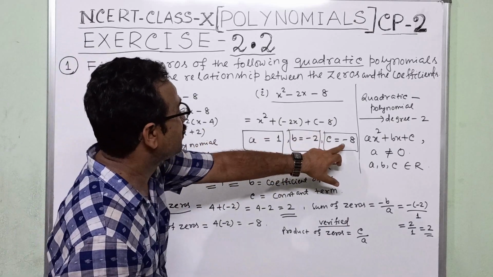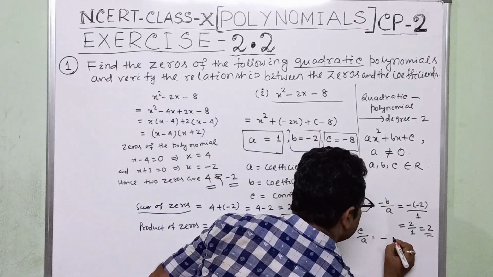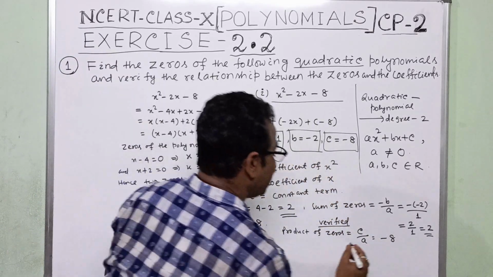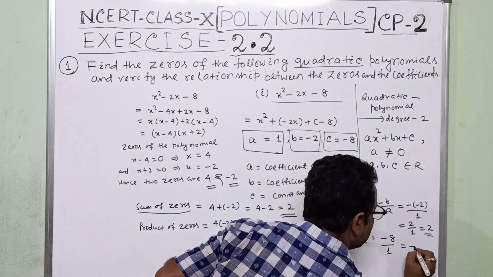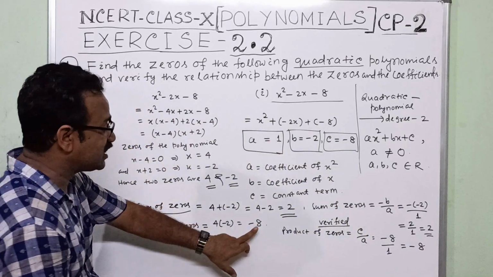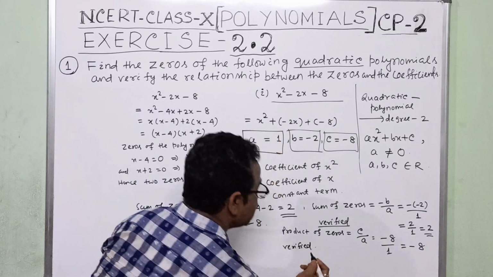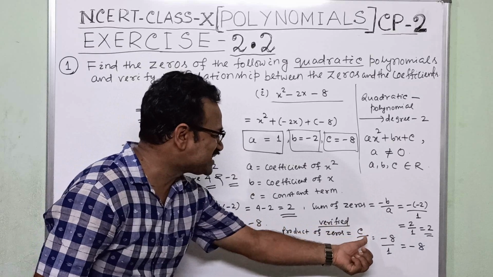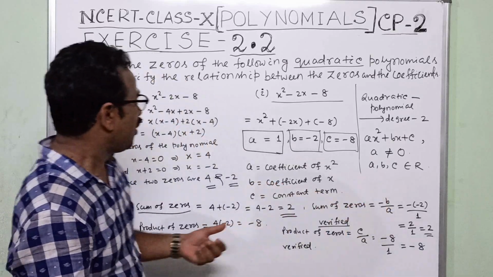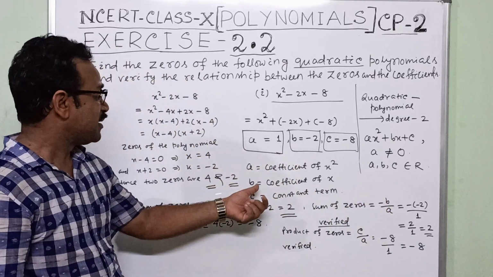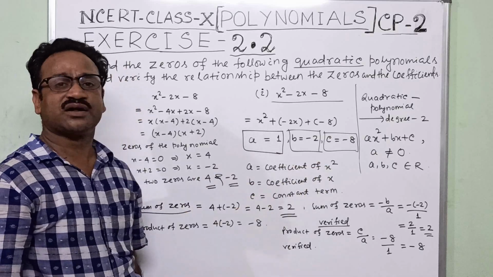What is c here? Minus 8, so minus 8 by a, which is 1, is equal to minus 8. We are getting the same value, minus 8 and minus 8, which is verified. Now you know what a, b and c are: a is the coefficient of x square, b is the coefficient of x, and c is the constant term.